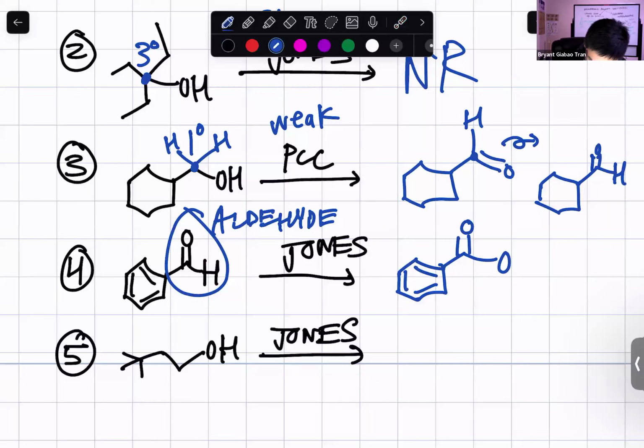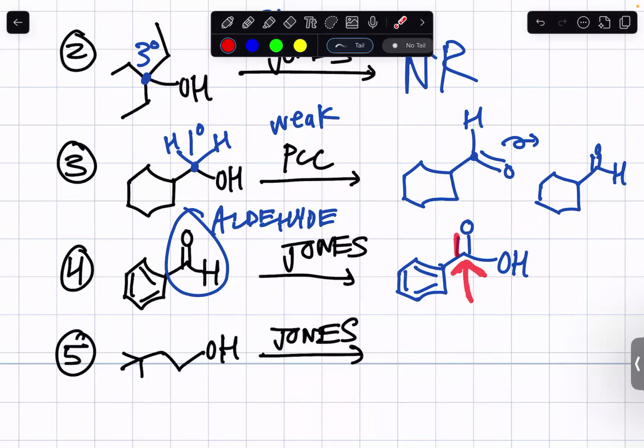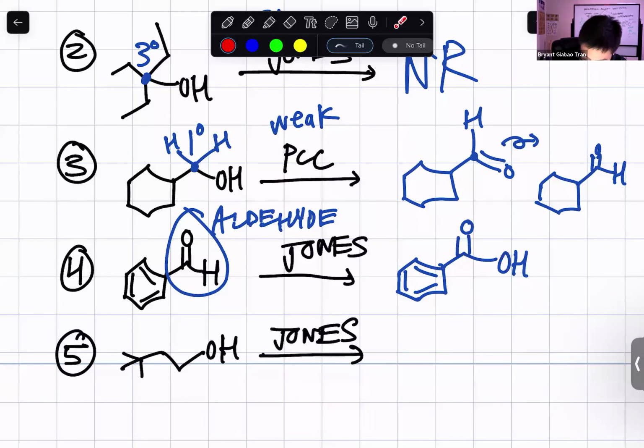So we're going to add an oxygen right here, where that oxygen is going to be the OH. Now we see that this carbon here, how many bonds to oxygen does it have? Two. It does have two oxygens, but this double bond here will count as two. So one, two, three. Three bonds to oxygen, from the single bond and the double bond. What about this aldehyde right here?